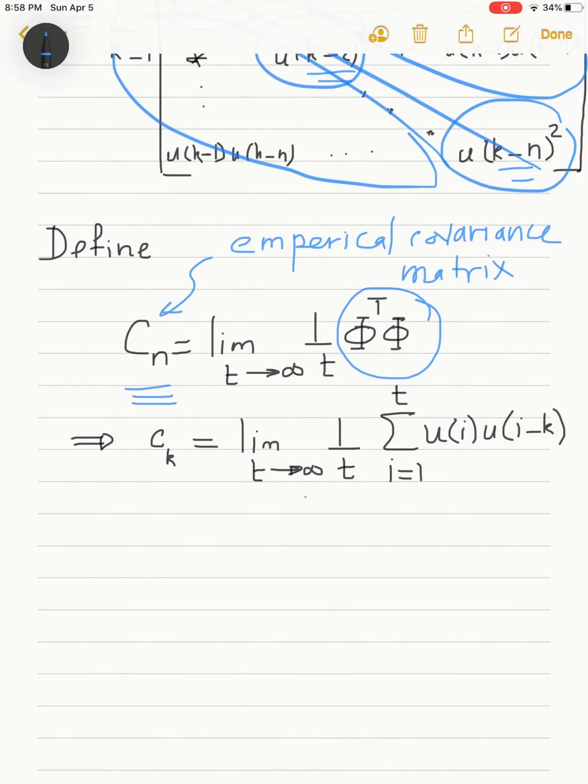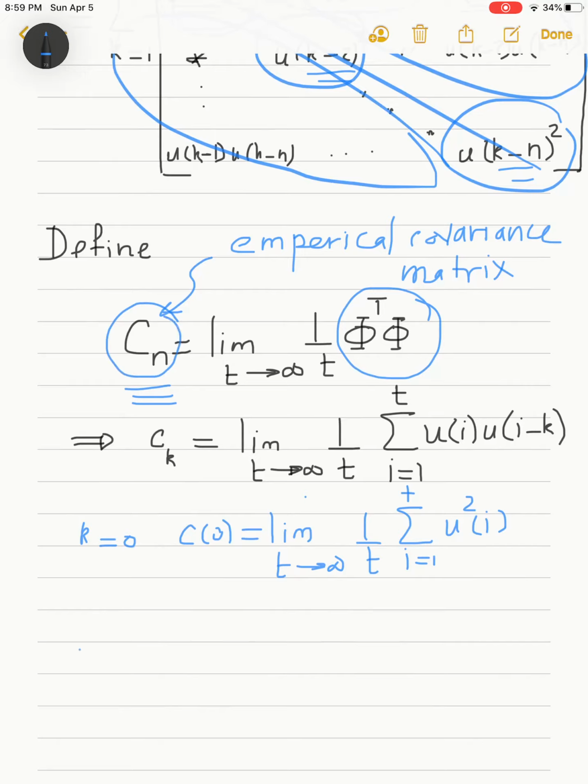So if we take, for example, k equals 0, that will give me C of 0, and that would be the limit as t goes to infinity of 1 over t, the summation as i goes from 1 to t of u of i squared. So this is like the diagonal elements of the matrix capital Cn that we talked about.